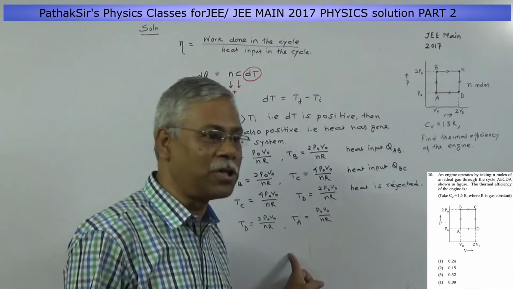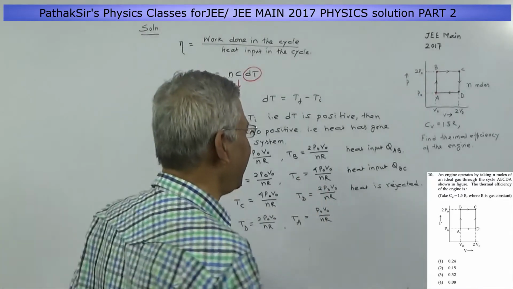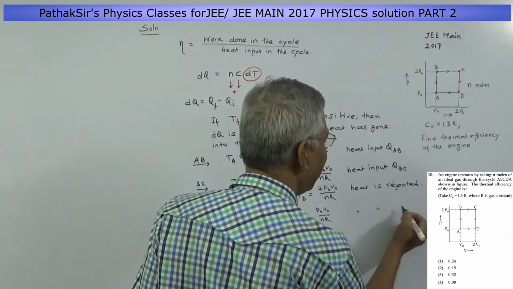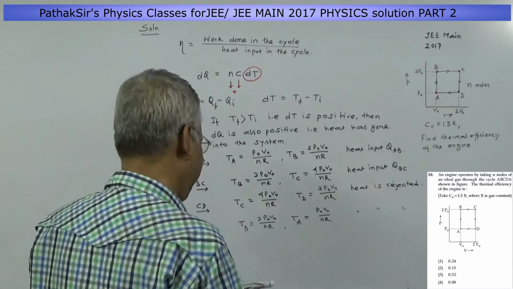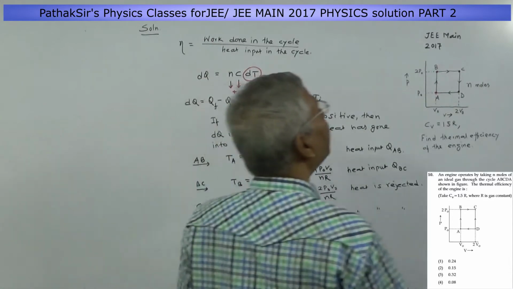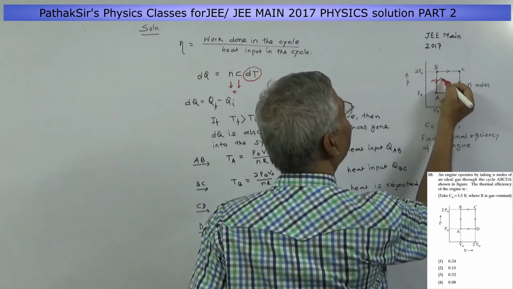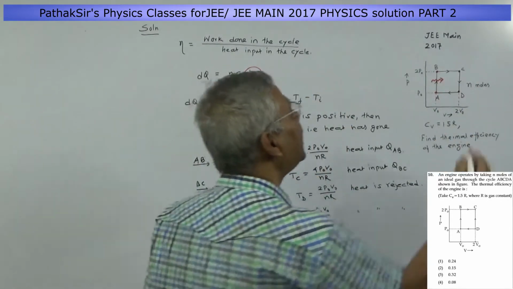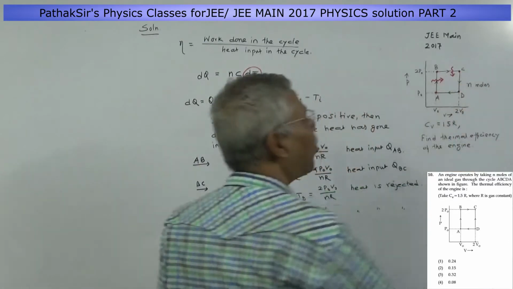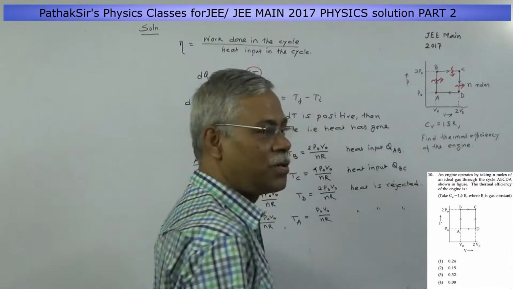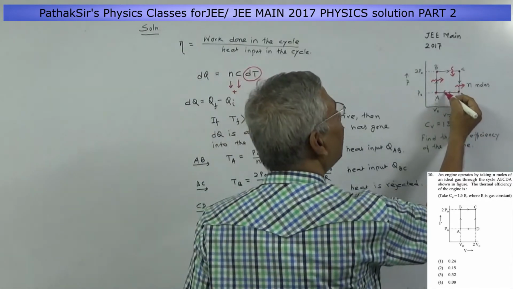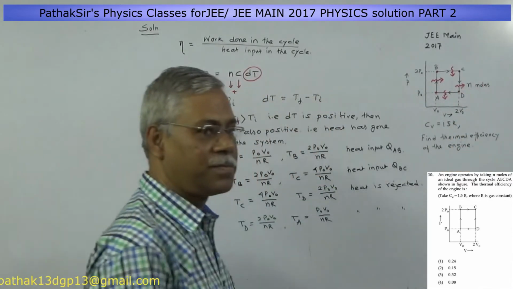So in this step also heat has been rejected. I will now show this in drawing. In this step, gone in. In this step, gone in. In this step, gone out. In this step also, gone out.